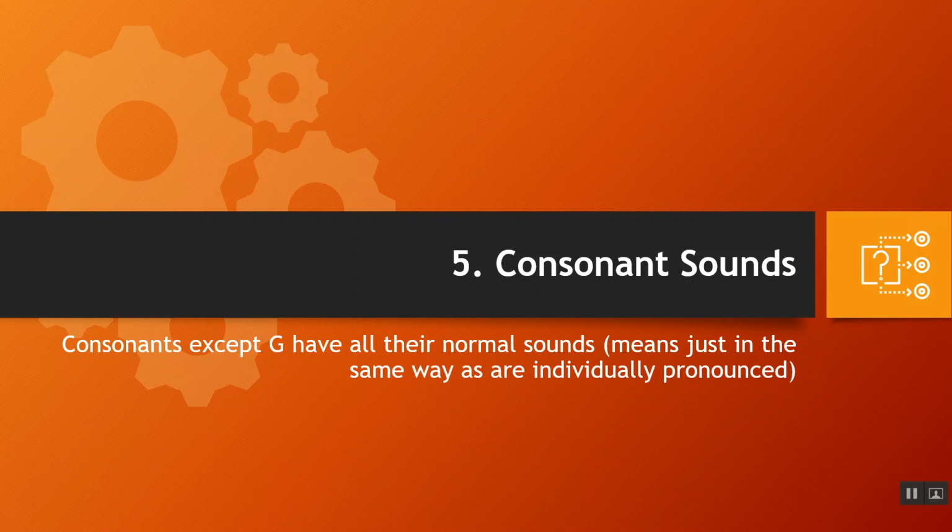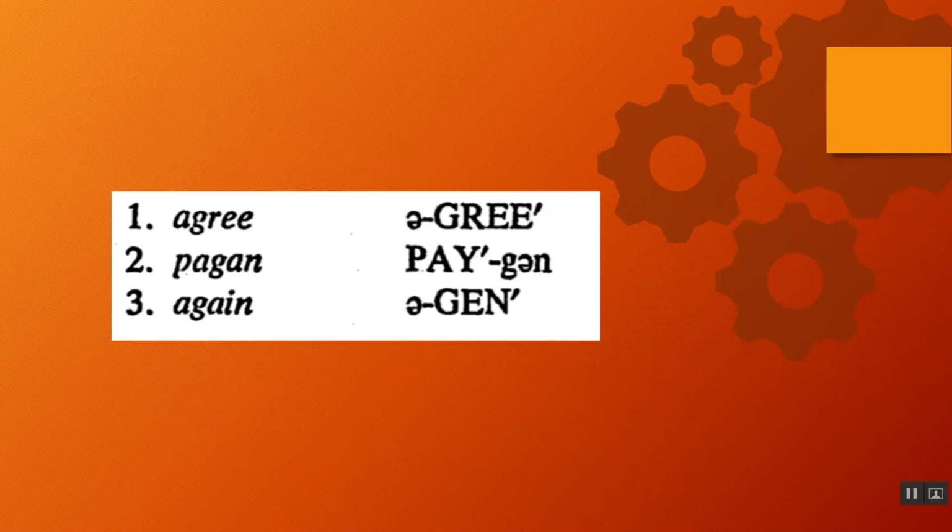You pronounce G like G, and when you pronounce G, U in gun, you don't pronounce it like Jun, you pronounce it gun. G is different. G is an exception. We have to keep in mind that G is the only consonant which is differently pronounced. So agree, pagan, again. It's not ajri, it's agree, pagan, and again.